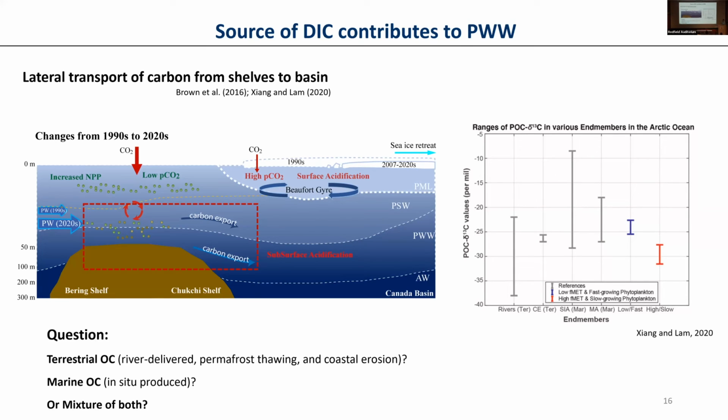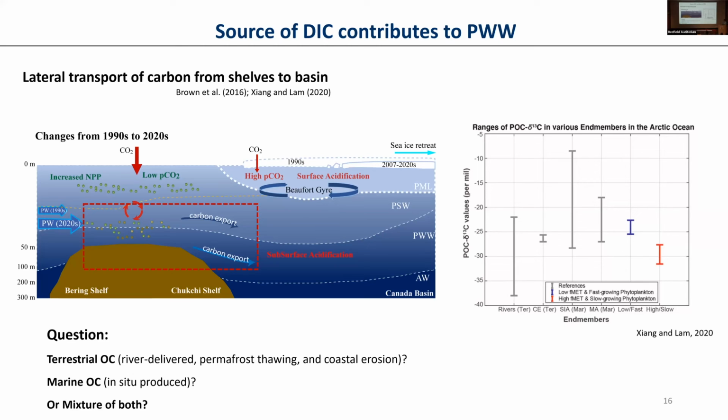But the remaining question is this: does the carbon come from the land or is it of marine origin? If it comes from land, it's possibly delivered from the rivers or released from the permafrost soil or coastal erosion, or it's possibly a mixture of both signals.